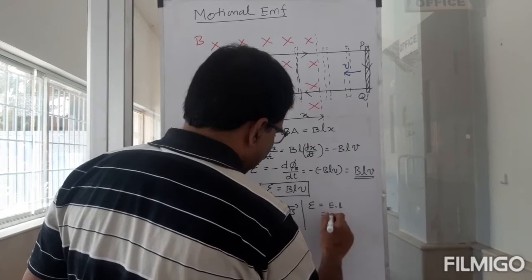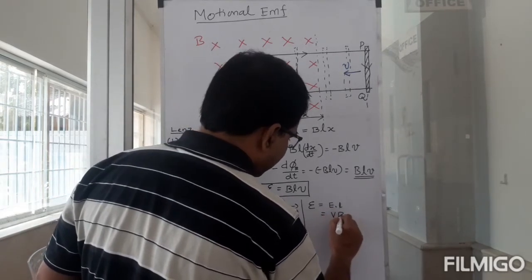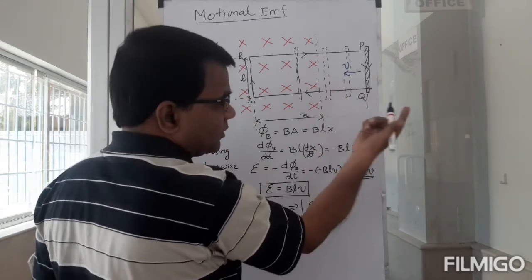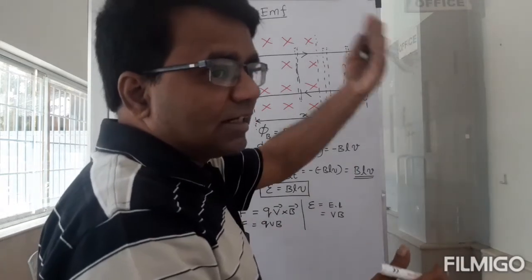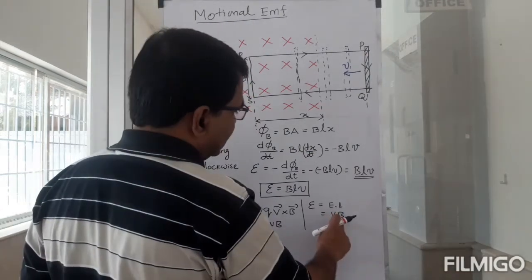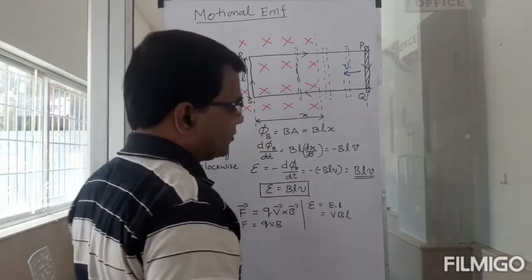So that is going to be given by, E is what? F by Q will give you V B, and then work done is what? Potential energy. What is voltage? Potential energy per unit charge. So V B into L. You see, you get the same expression here.